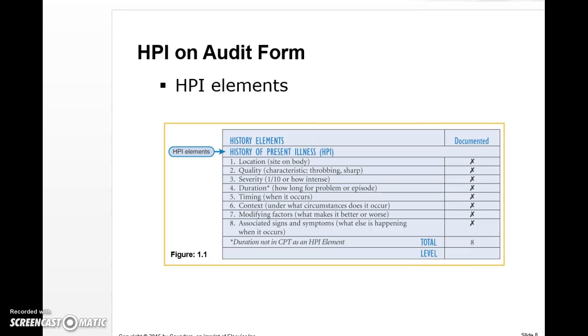So we have to keep an eye open whenever we're reading the history of the present illness to see, for example, if the doctor is documenting how long the problem or episode is going on for, when does it occur, under what circumstances, what makes it better or worse, because these do count when we're using the audit form and doing our E&M coding.